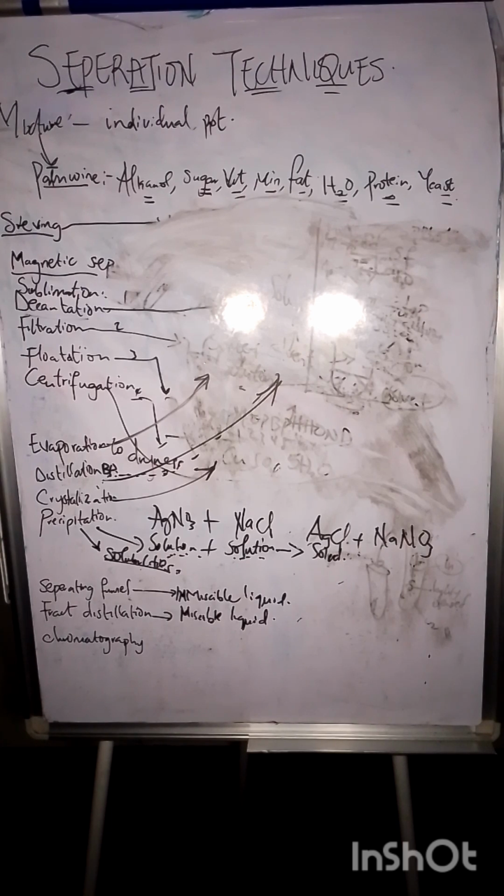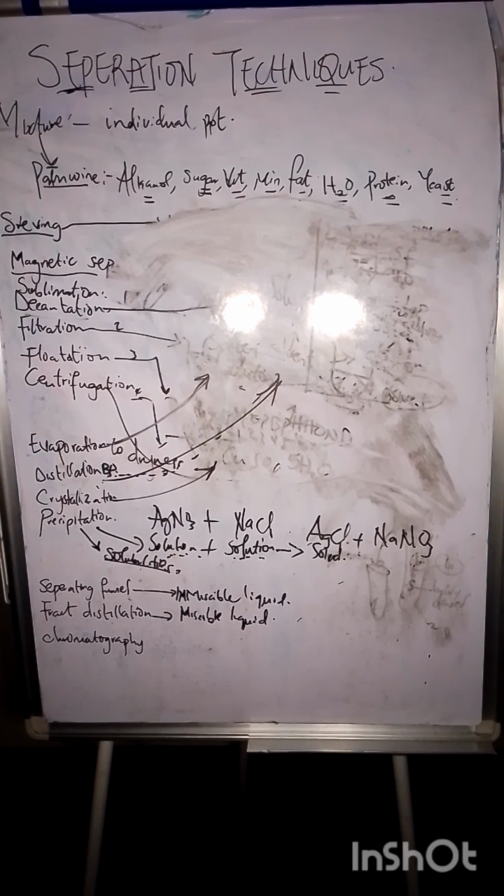Then fractional distillation, that one is employed in the petroleum industry. Because you know your crude oil, you want to separate it into its components in a fractionating column. Are you with me? I don't want this lecture video to be very long, so we need to move on.